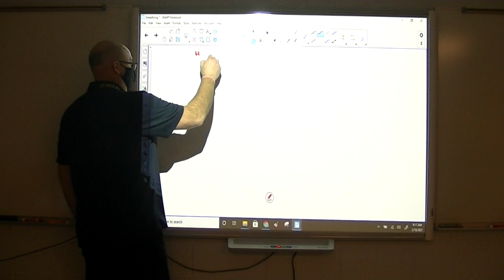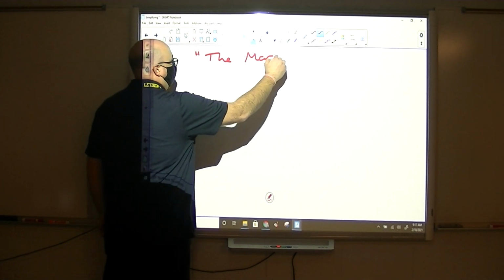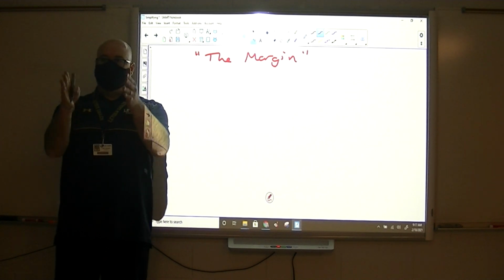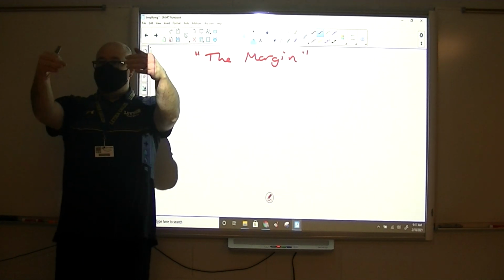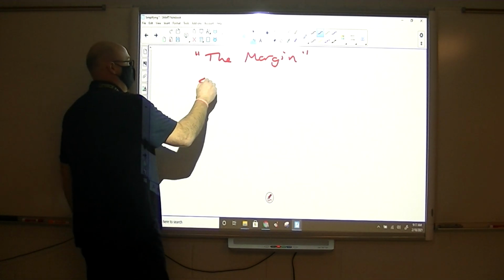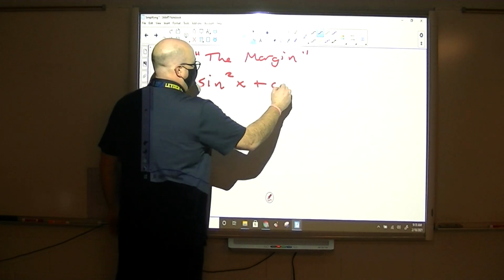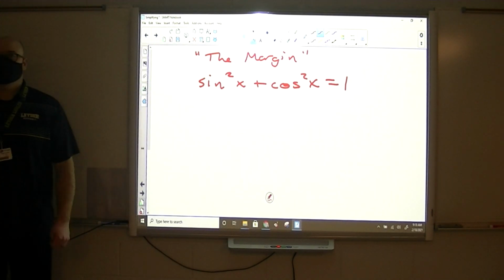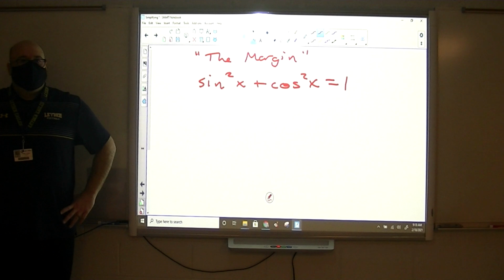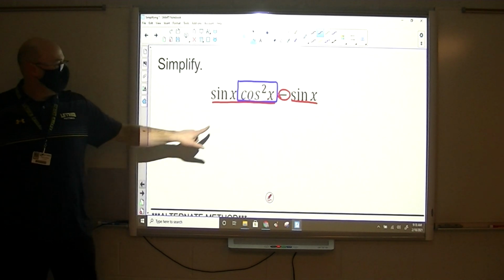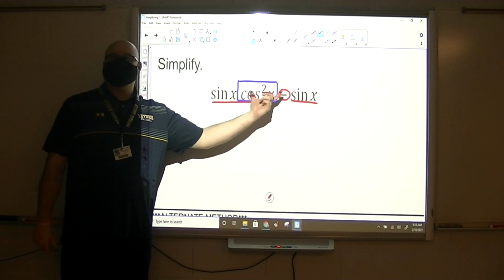Okay, I'm going to call this the margin, meaning this isn't going to go in line with the proof that I'm doing. So what we're about to do, don't put this right underneath what you just wrote. Go off to the side somewhere. Okay? Here's the margin. Here is a Pythagorean identity. The squared term that's in our problem is this, right? The blue piece.